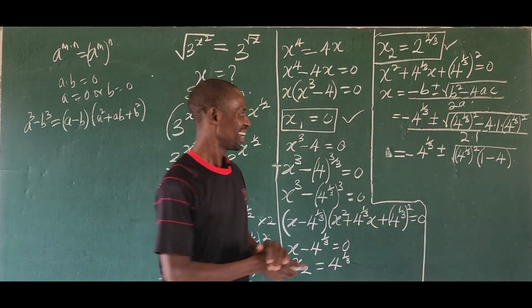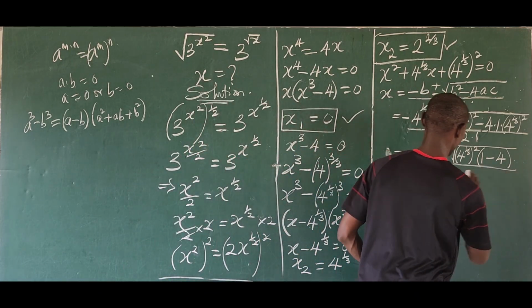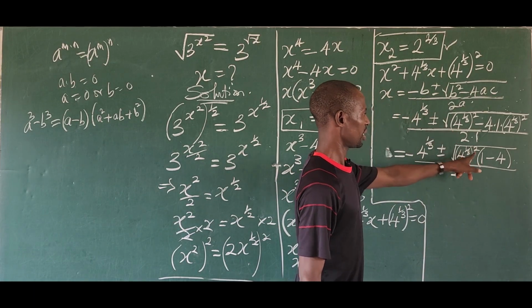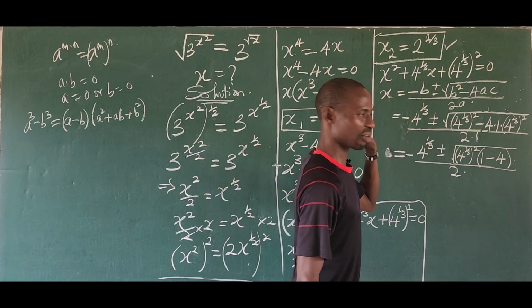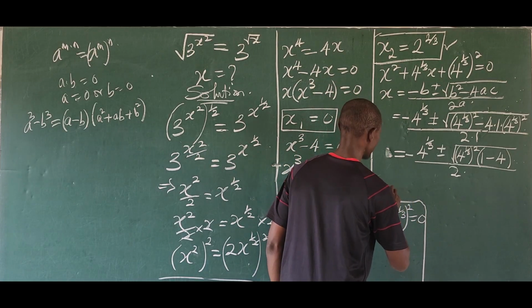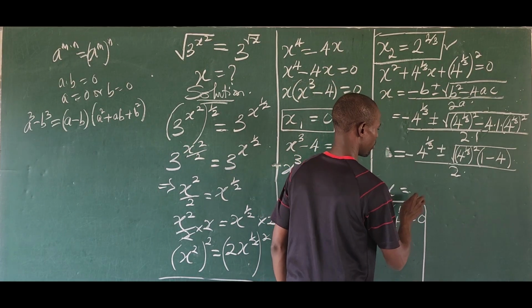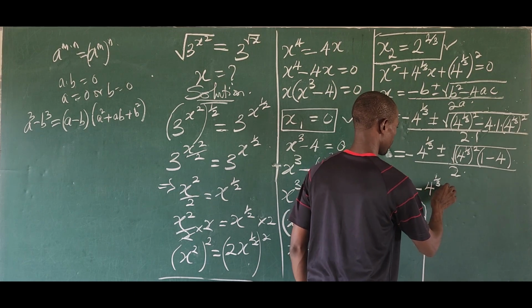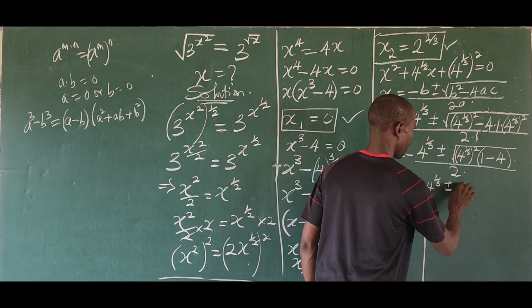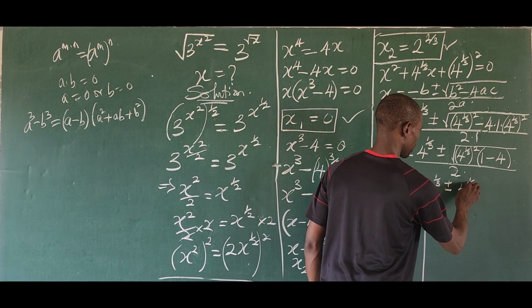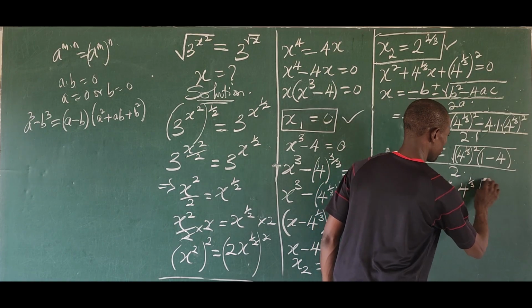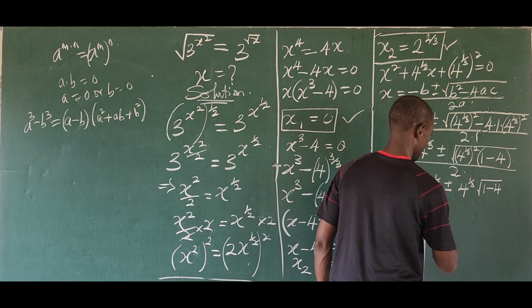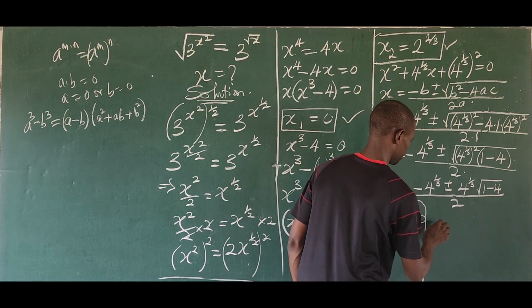Everything all over our 2 here. This is a square root and this is our square, so this can come out. So x will now be equal to minus 4 to the power of 1 all over 3, then plus minus 4 to the power of 1 all over 3 times the square root of 1 minus 4, everything all over 2.